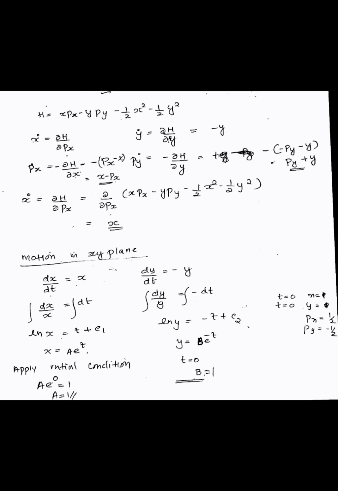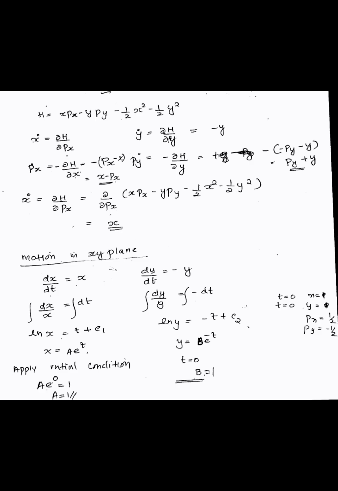Then we need to check the motion in the xy plane. To check the motion in the xy plane, here we calculated that x dot is equal to x, that is dx by dt is equal to x. Integrating this, we get integral of dx by x is equal to integral over dt, that is ln x is equal to t plus c1, that is x is equal to a e raised to t.